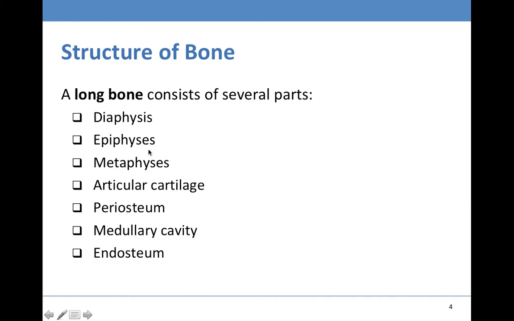ES will be plural. If it is just epiphysis, IS, then that means it is singular. So I'll show you that when we talk about the bone, it does have epiphyses because it has a distal and a proximal end, or two of them, but epiphyses is plural, epiphysis is singular.